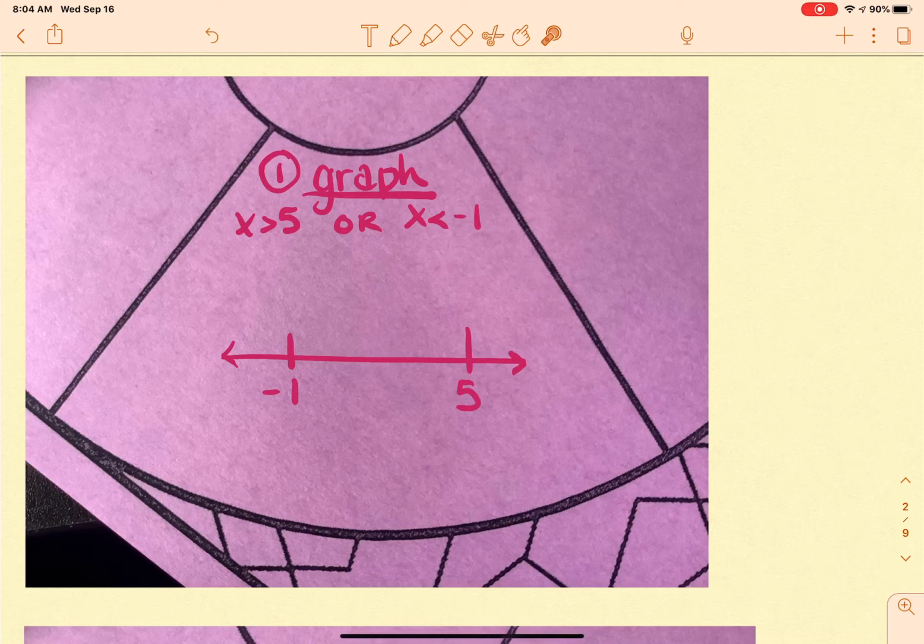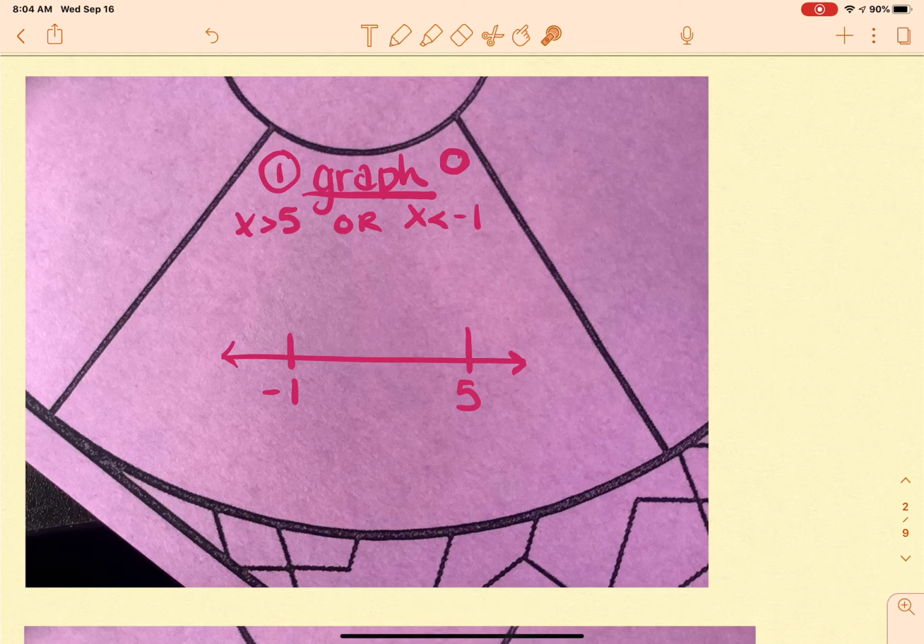Now, if I wanted to, could I do a lot more numbers in between, like 0, 1, 2, 3, 4? You bet. But I have to have these two numbers because they're the numbers that they refer to. Both of those inequalities do not have an equal to with them, so when I go to graph, they are going to be open circles.